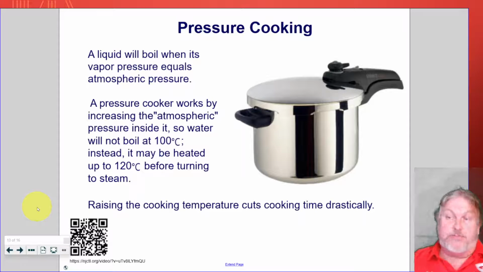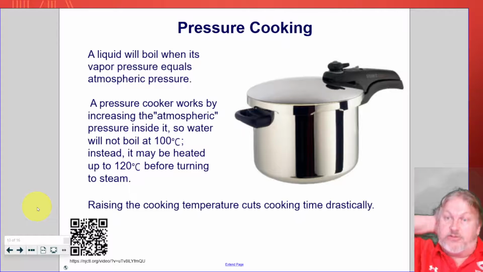So how an Instapot or a pressure cooker works is they're increasing the pressure inside the pot. So the water is not going to boil at 100 degrees C. It can be heated up to 120 degrees C before it begins to steam or boil.